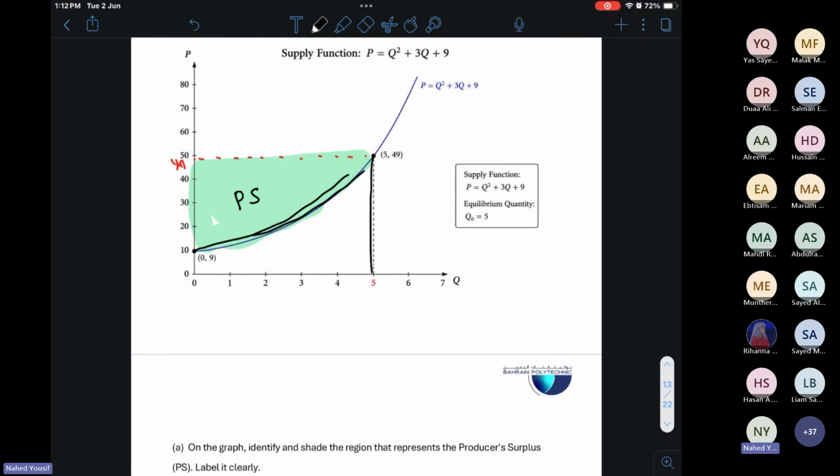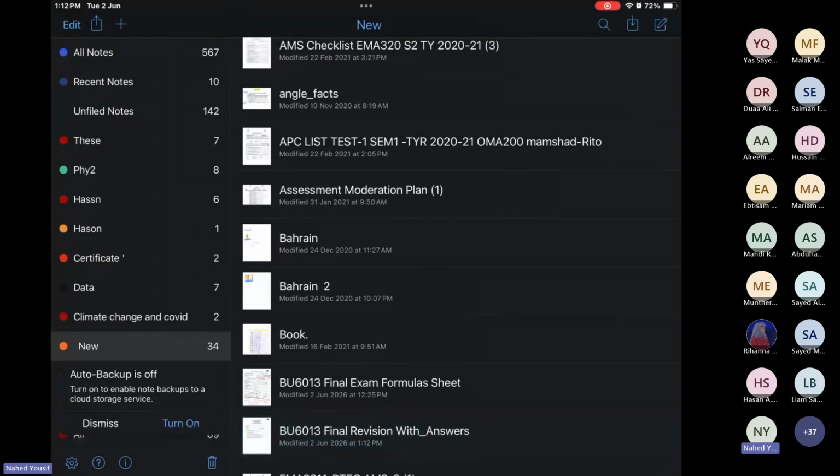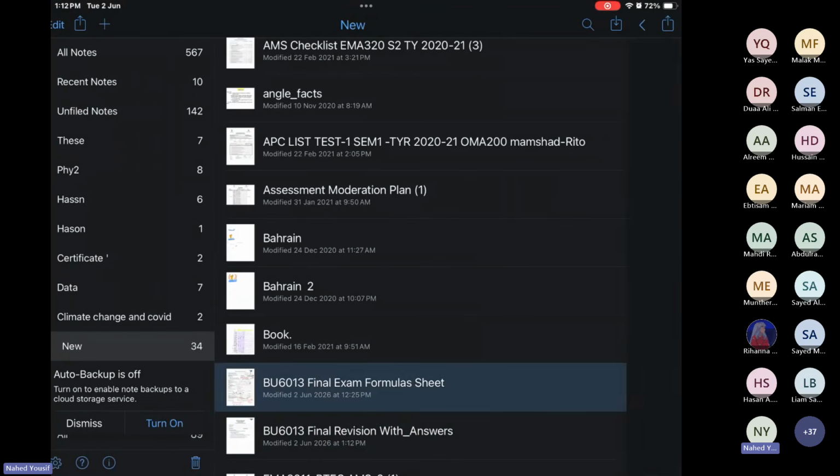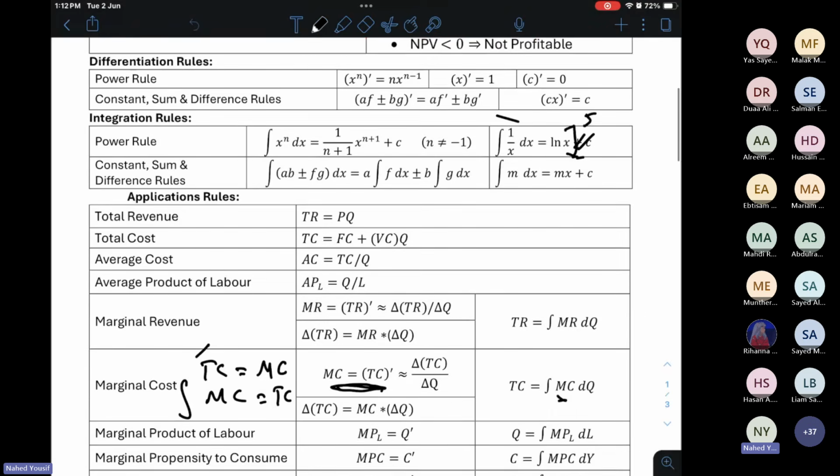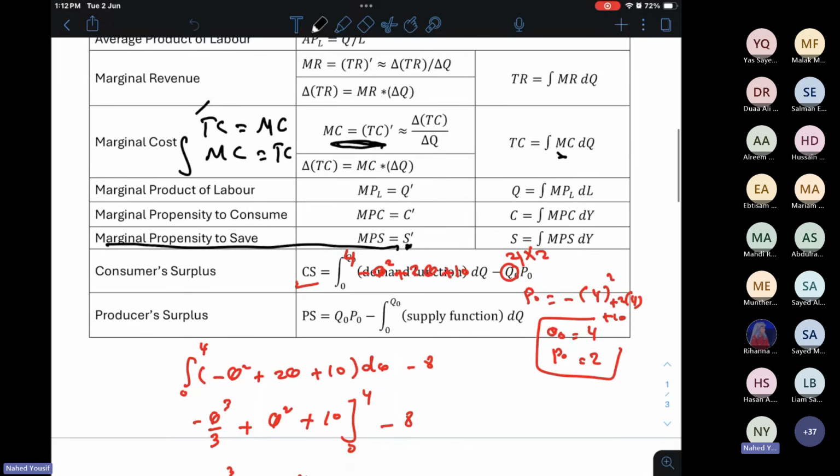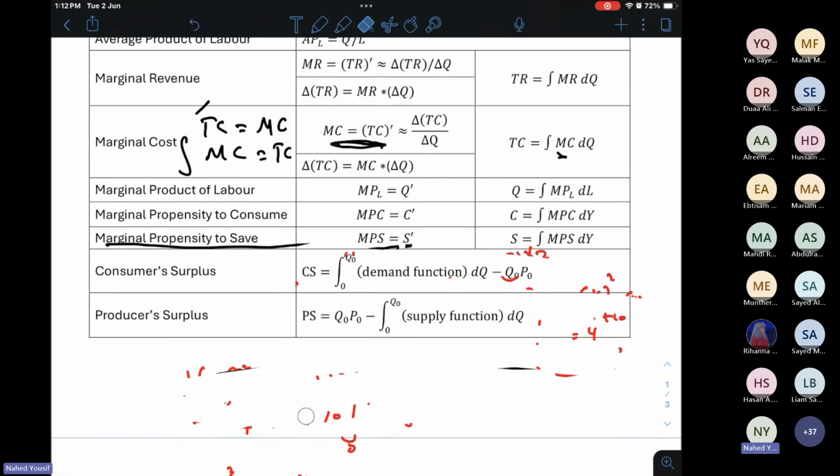Is that clear? Yes. If we want to calculate the area of this one, we have to do the integration. I will show you the formula for the PS.